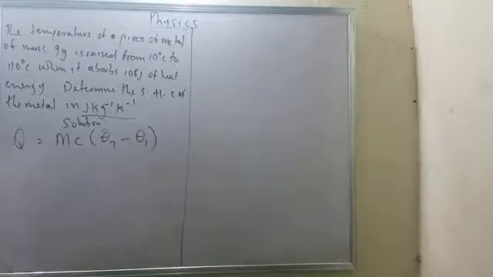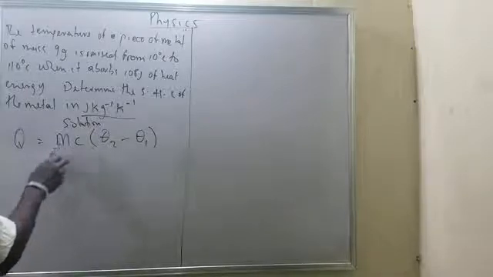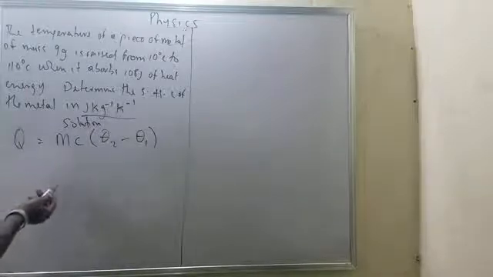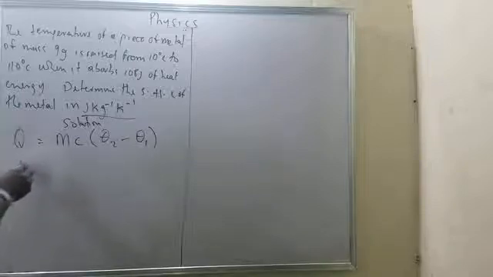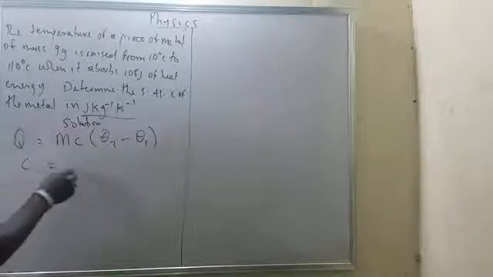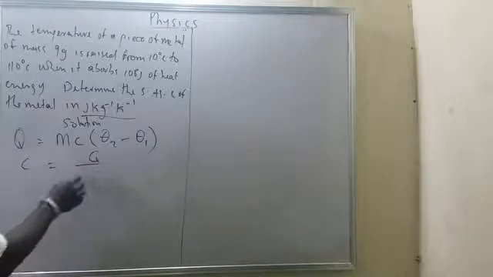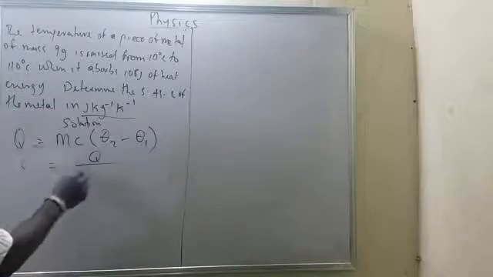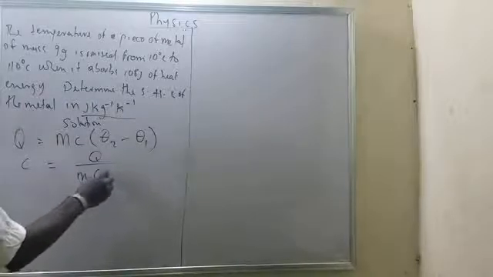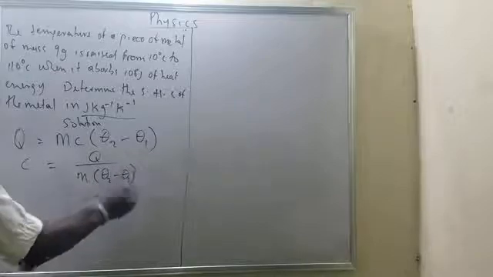I'm looking for this C. I want to make C the subject of the formula. It means I can say that my C equals Q over mass bracket of theta 2 minus theta 1.